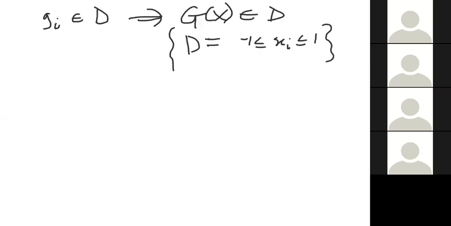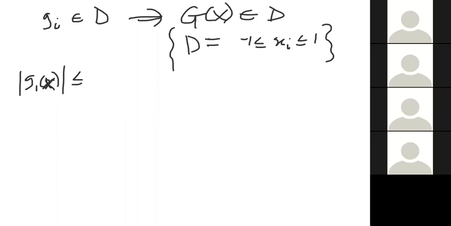So we'll start looking at each gi. For example, when I look at g1, I'll just say g1 of capital X, where capital X is x1, x2, up to x3. Okay, so I will take the absolute value of this. If this value is less than or equal to 1, then I'll know that it is contained in there.